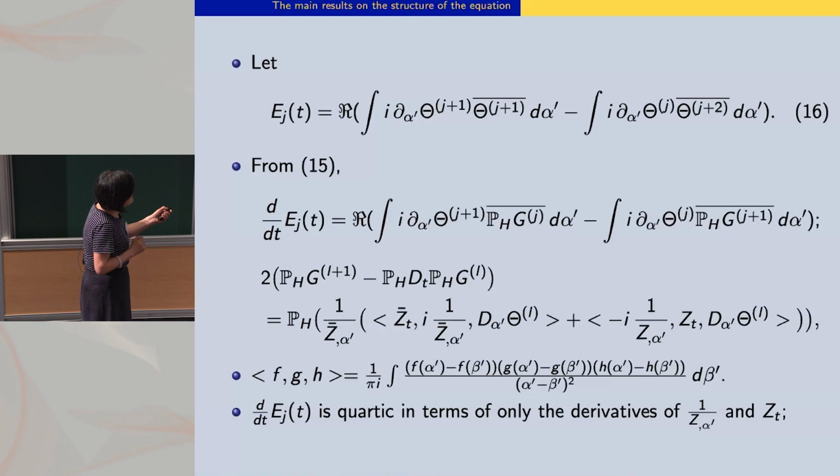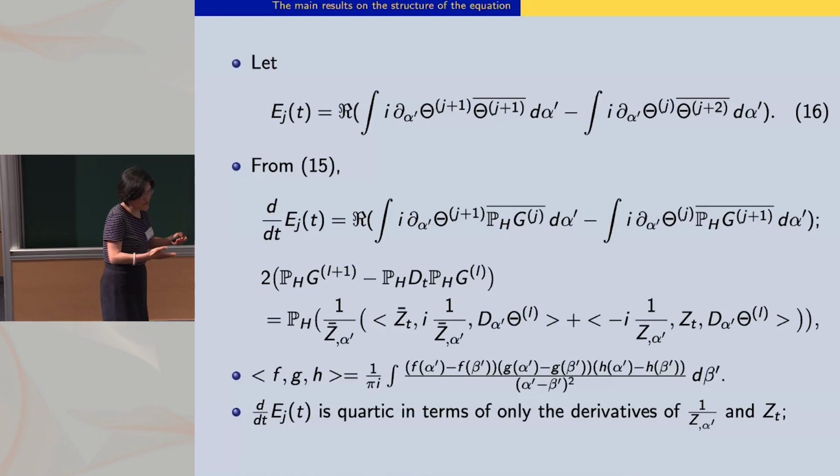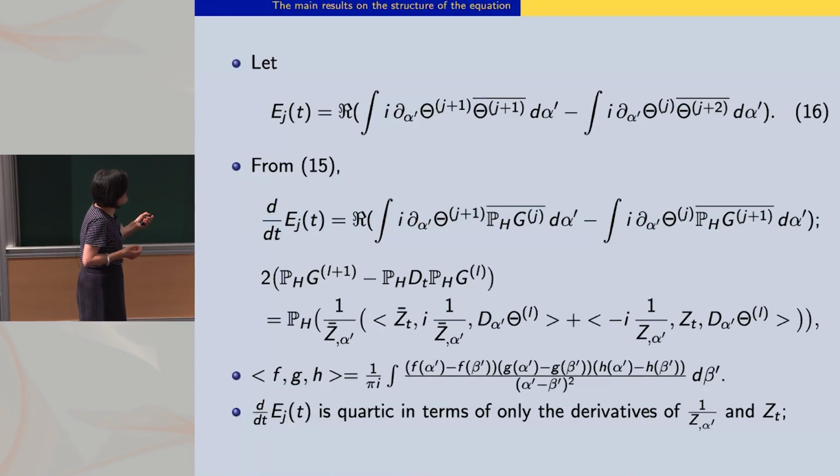The integral of something holomorphic is 0, by the Cauchy integral formula. So that means we can actually remove this projection. So 1 over z alpha combined with this is again capital D alpha theta j, so you have something that looks really symmetric.